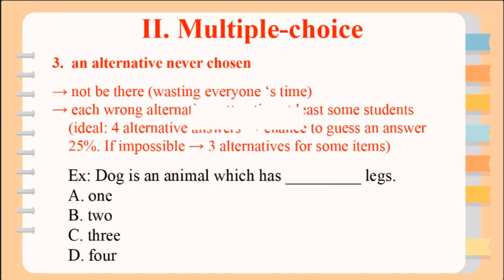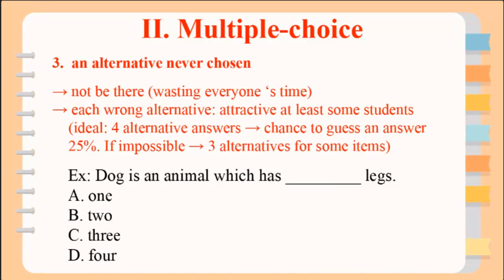For this example, we don't need to look at the other options A, B, or C, because A is never chosen. An alternative that is never chosen wastes the time of people who look at it.